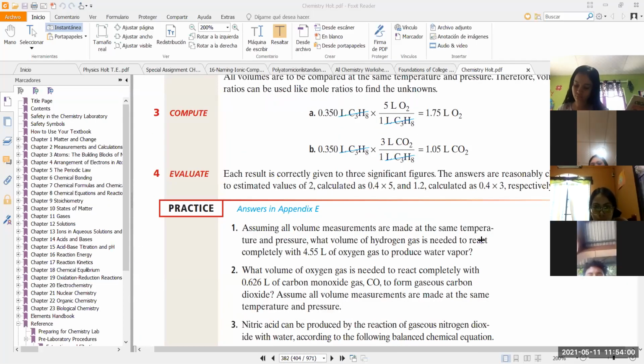So in the problems, this is what you have. Assuming all volume measurements are made at the same temperature and pressure, what volume of hydrogen gas is needed to react completely with oxygen gas. So the problem is actually giving you the reaction, but in words, it is telling you hydrogen gas and oxygen gas.